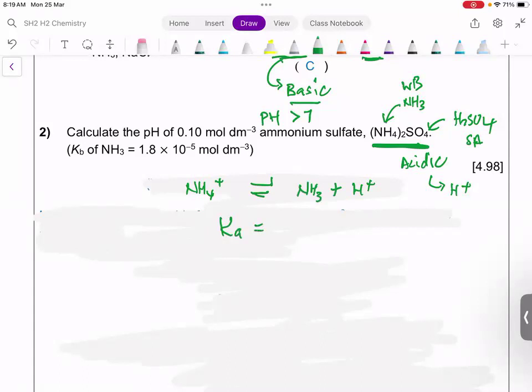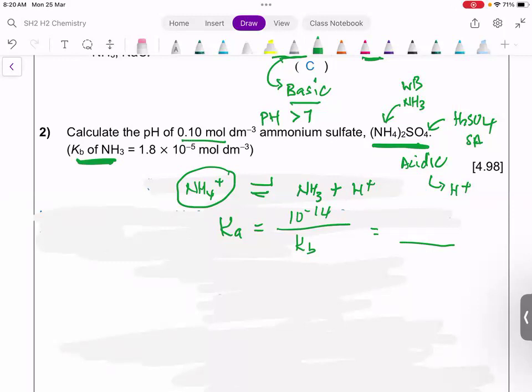Okay, so are you given the Ka value? You're not given the Ka value, you're given Kb. So how do you get the Ka value? Yeah, Kw, 10 to the minus 14, divided by your Kb value. Then you get your Ka value. Okay, is there anything else that you need to pay attention to? So is my concentration of ammonium cation 0.1 mole per dm cube?